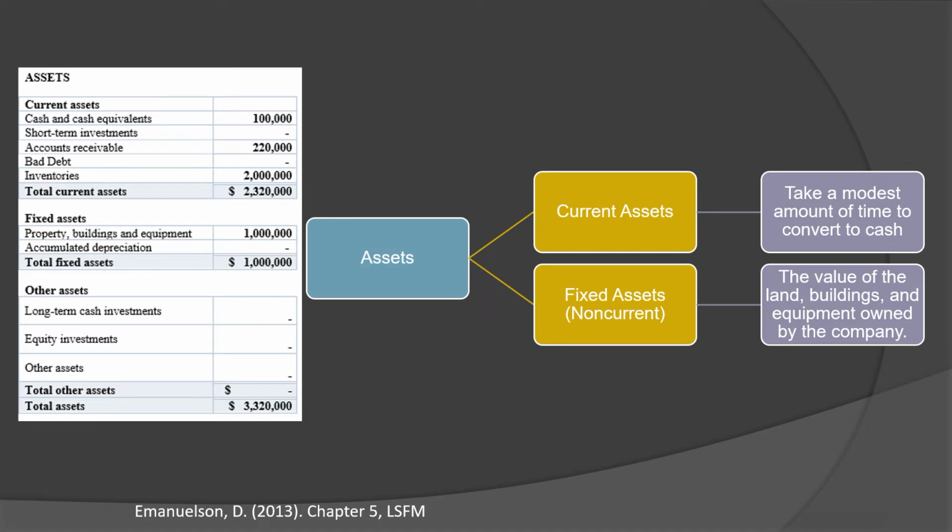So the first part of a balance sheet is assets. There are two types of assets: current and fixed. Current assets take a modest amount of time to convert to cash. In contrast, fixed assets can't be converted to cash very easily. As an example, think of things you have in your house.